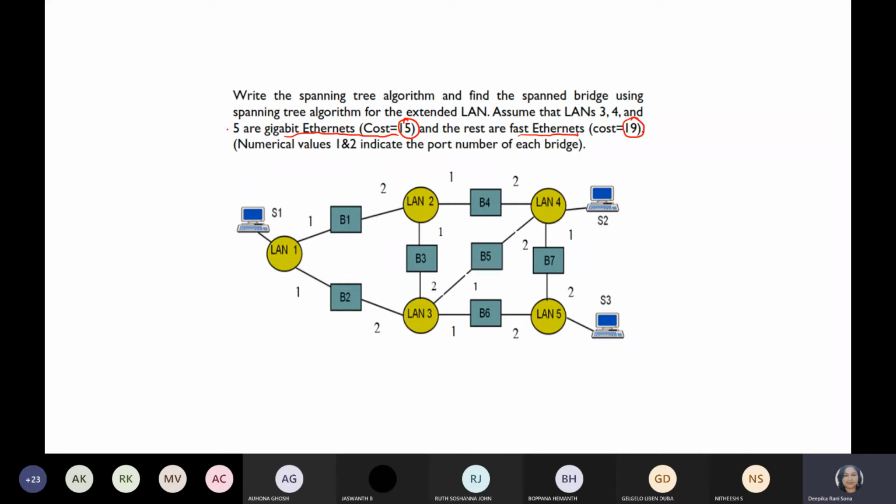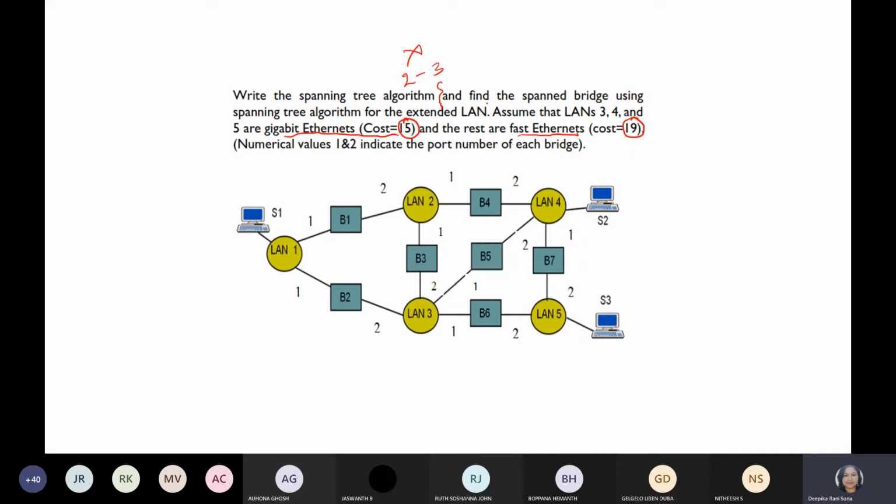Then the question says write the spanning tree algorithm. Suppose guys, if in the question itself it is mentioned that write the spanning tree algorithm, it carries some 2 to 3 marks. If you won't write that, you will lose this mark. So you have to write the spanning tree algorithm also.